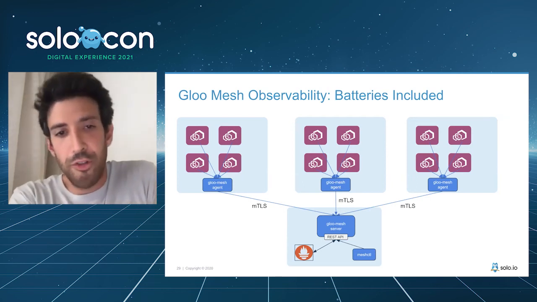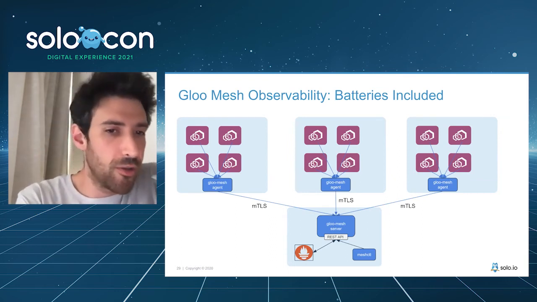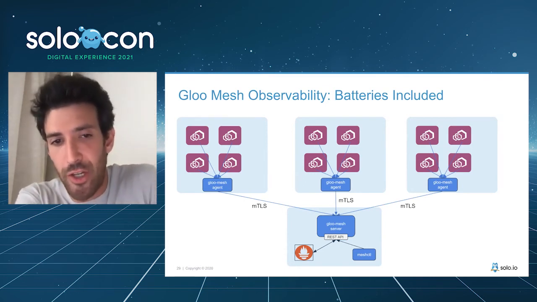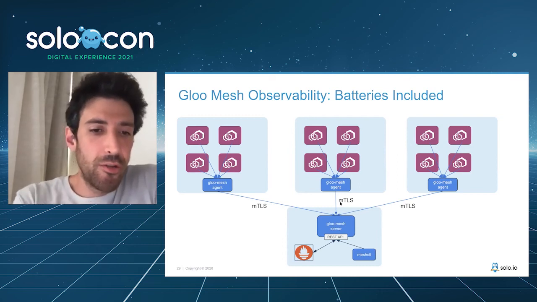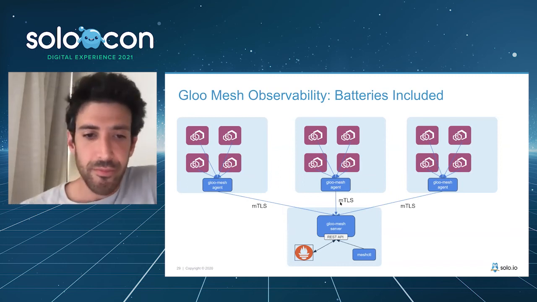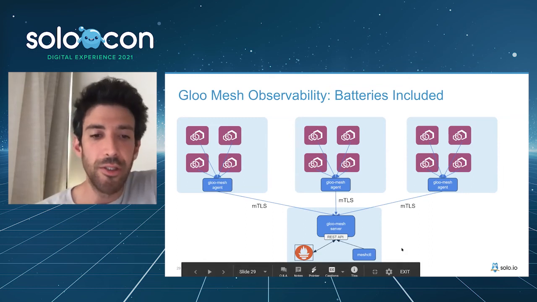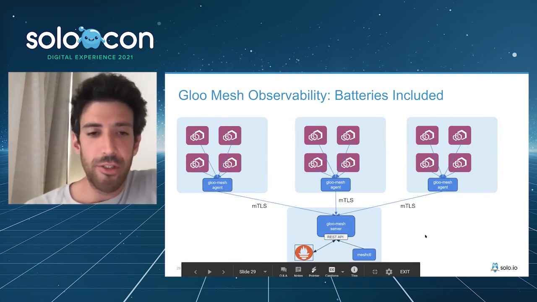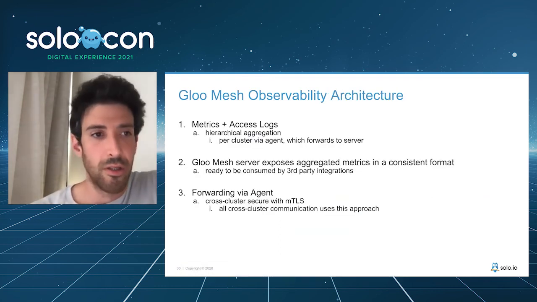Envoy proxies are pushing their metrics and logs to the agent via a gRPC service. So there's no need to install any Prometheus on each agent cluster. Everything goes directly through a secure ingress into the management cluster, where it can then be aggregated into Prometheus. And we use that in combination with meshctl to interact with a REST API that's exposed and allow us to consume those metrics from a single pane of glass, as well as the logs.